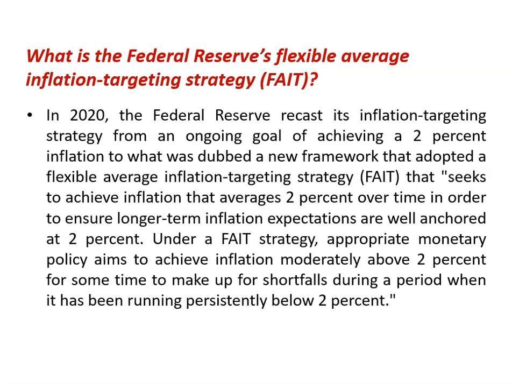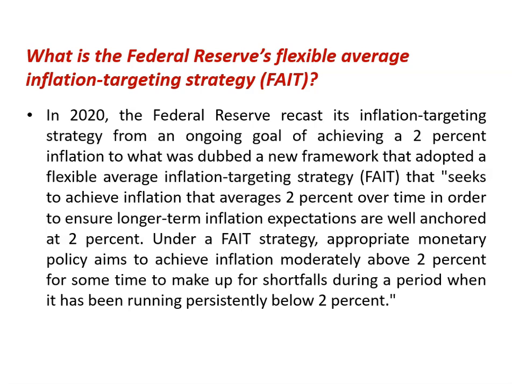In 2020, the Federal Reserve recast its inflation targeting strategy from an ongoing goal of achieving a 2% inflation to what was dubbed a new framework that adopted a flexible average inflation targeting strategy, FAIT, that seeks to achieve inflation that averages 2% over time in order to ensure longer-term inflation expectations are well anchored at 2%.